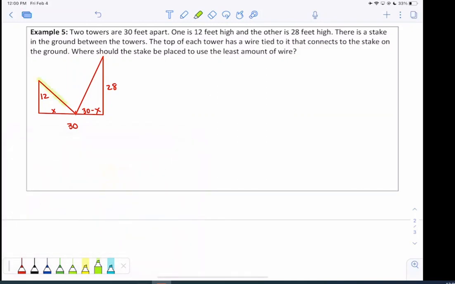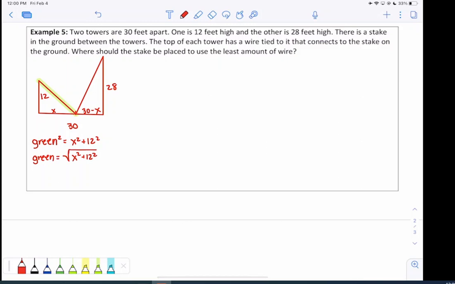Here's my green triangle. So the green squared is equal to what? What would my Pythagorean theorem tell me? x squared plus 12 squared. So green is equal to the square root of x squared plus 12 squared.